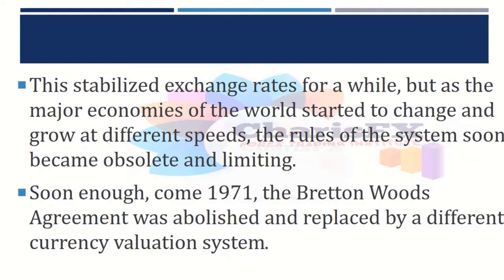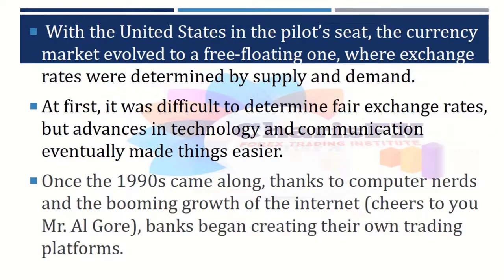With the United States in the pilot seat, the currency market evolved to a free-floating one where exchange rates were determined by supply and demand. Yes, it's the normal law of supply and demand that you know. At first, it was difficult to determine fair exchange rates, but advances in technology and communication eventually made things easier.